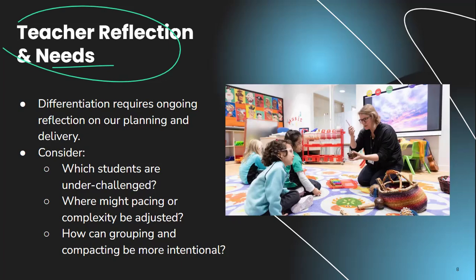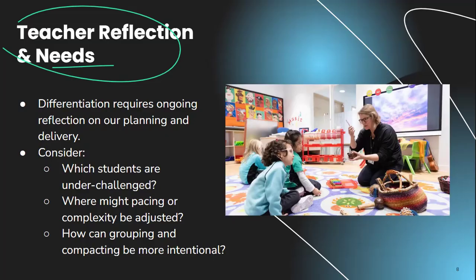Ask yourself, which of my students seem disengaged because the material is too easy for him or her? Where in my lessons could I adjust the pace, add depth, or allow for student choice? How often do I intentionally group students for challenge rather than convenience, based on curiosity or interest rather than simply random grouping?